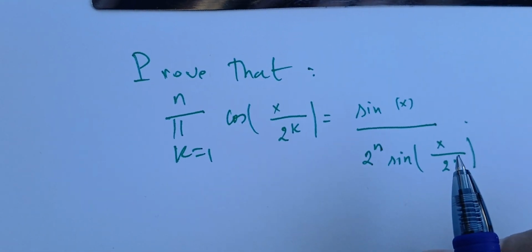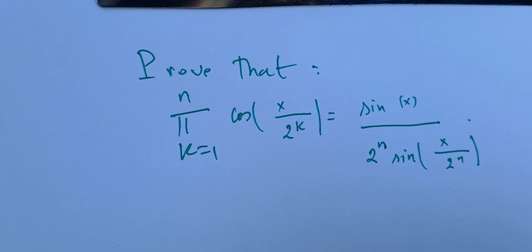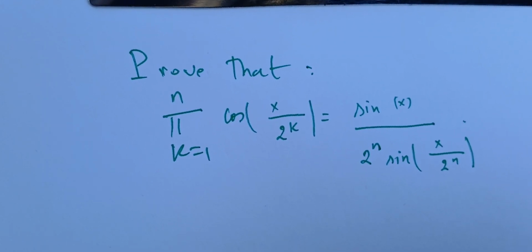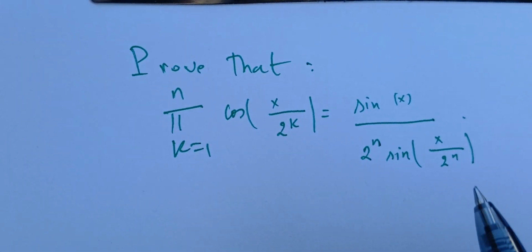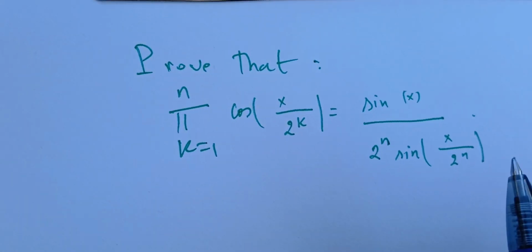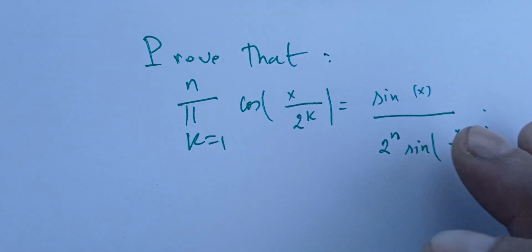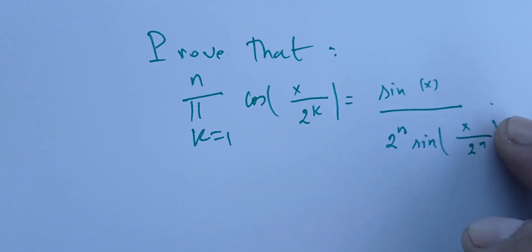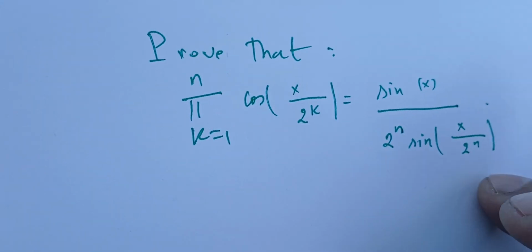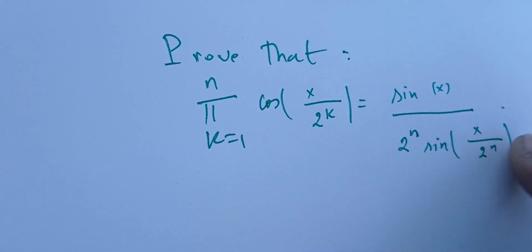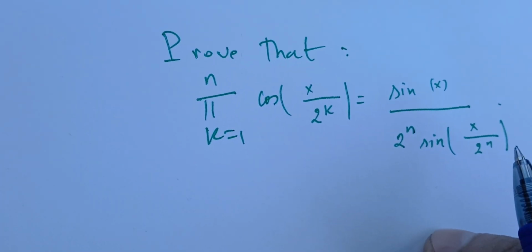And we're going to use the half angle formula to help us find or check this result. In fact, this result is coming from the half angle formula repeated over and over again. But now we want to prove it just using the principle of mathematical induction.